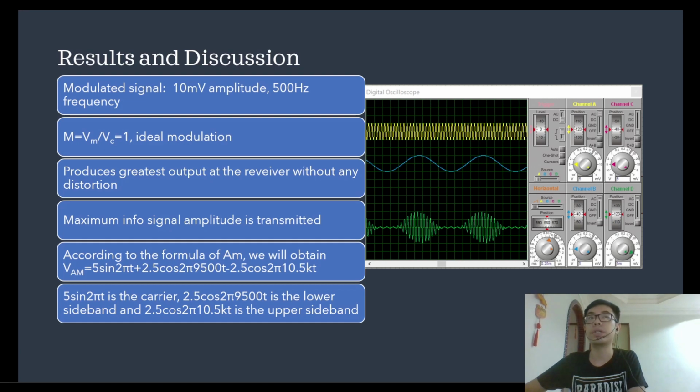From our project, we will get the formula as below. In the formula, we can see that 5 sine 2 pi t is the carrier and 2.5 cos 2 pi 9500 t is the lower sideband, while our upper sideband is about 2.5 cos 2 pi 10.5 kilo t.